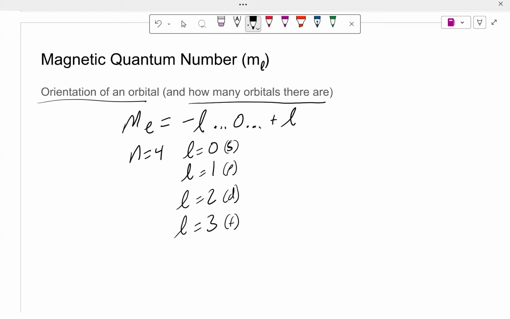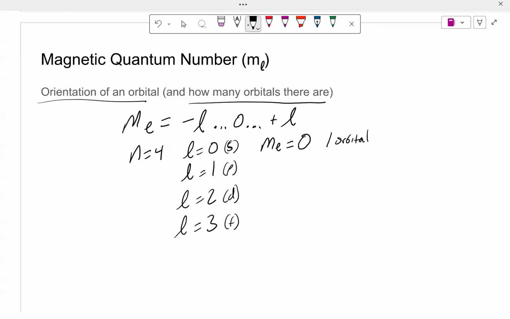Now, if L is 0, that means M sub L has only one value, 0. Well, how many S orbitals were there in the S subshell? Go back a couple pages when I was showing you the diagrams there. There's only one orbital.